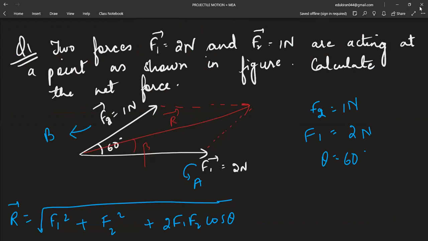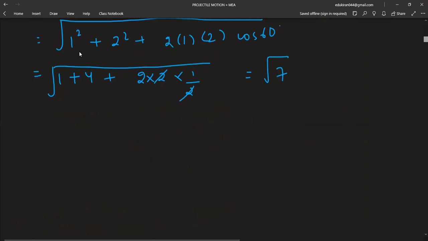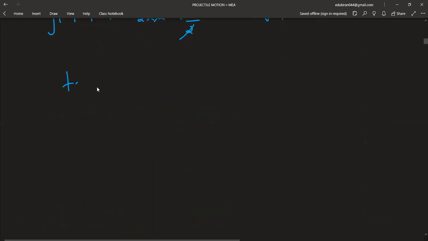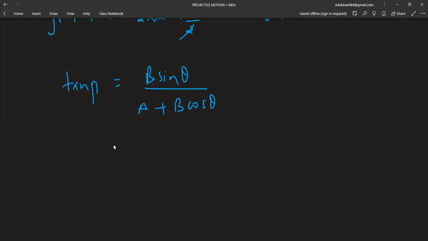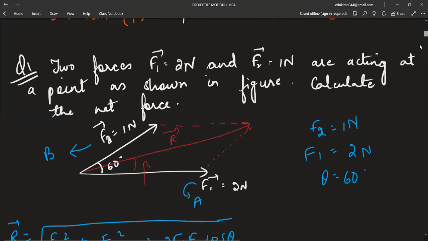And beta, if I have chosen this as beta, so this becomes A and other one becomes B. Now let me find out tan beta for the direction. This is the magnitude. Tan beta is B sin theta divided by A plus B cos theta. B is 1 or 2? 1.